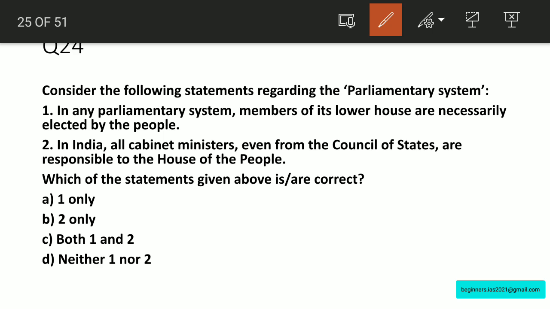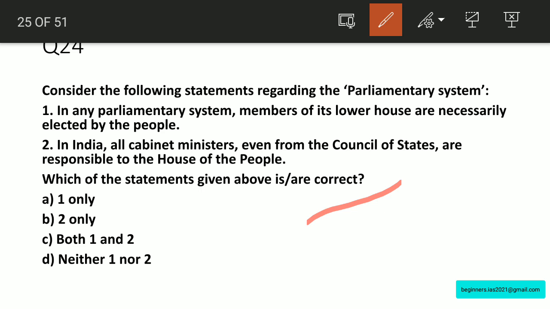Here we have to identify the correct statement. Yes, in any parliamentary system, are the members of its lower house necessarily elected by the people? No, since a few members are nominated too in the lower house.